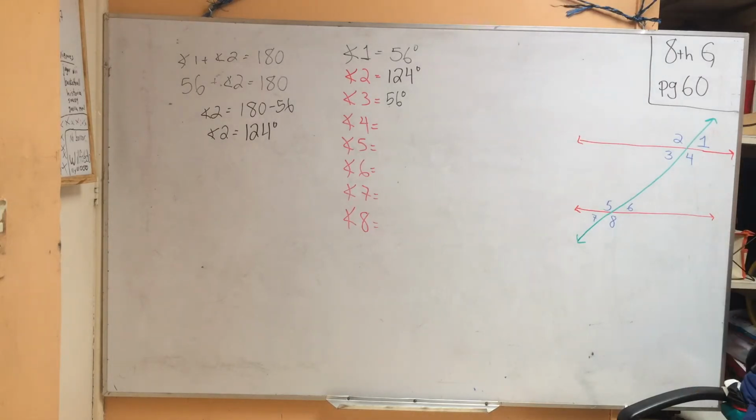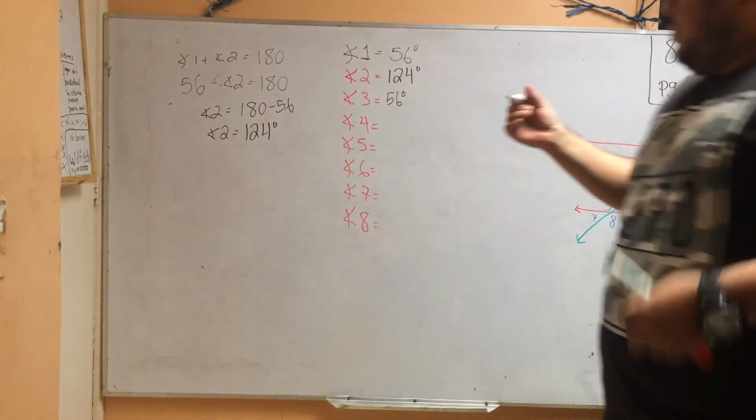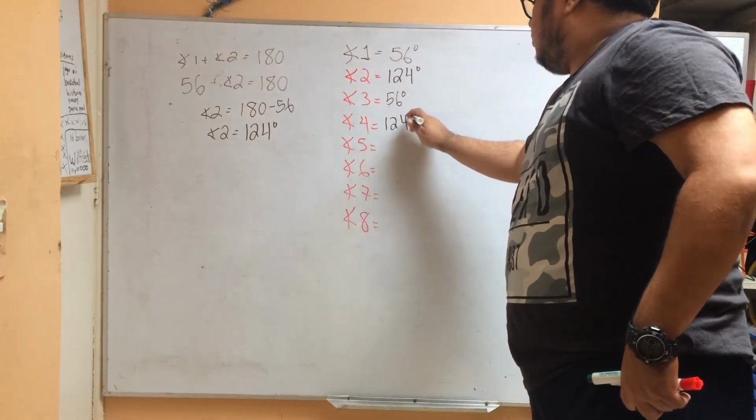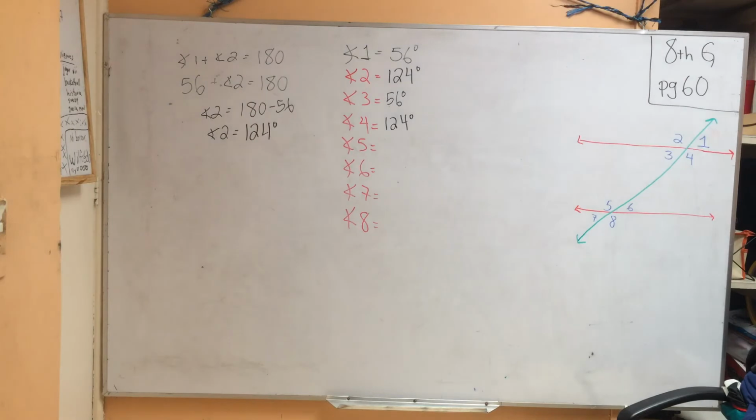Another definition for angle number 4 is vertical angles. If angle number 2 is 124, that means that number 4 is also 124 degrees. So if you notice, just by definitions, we already have the measurements of 3 angles, because angle number 1 was a given. That's why it's in a different color.